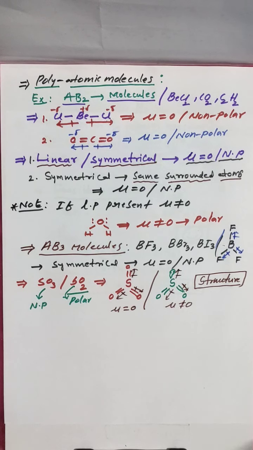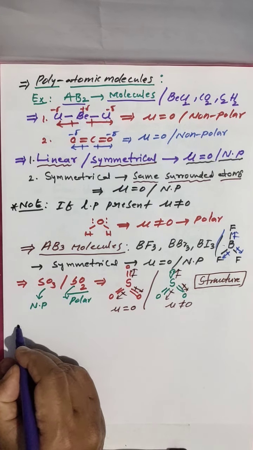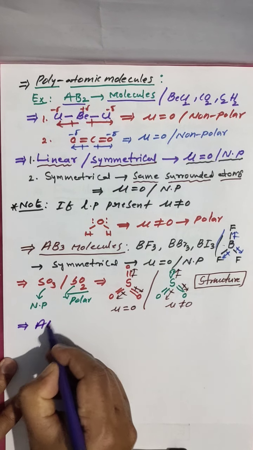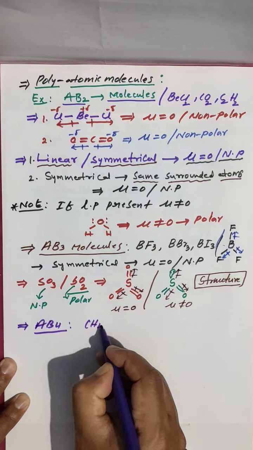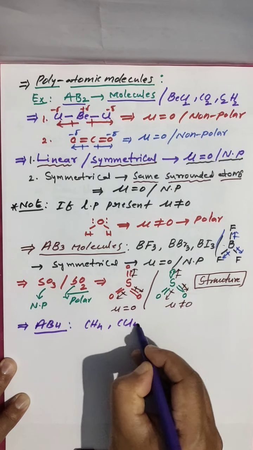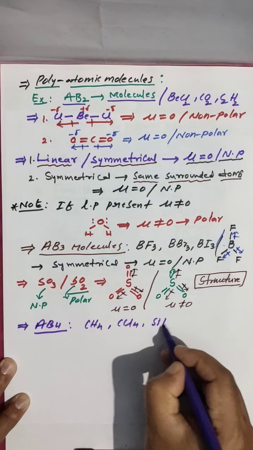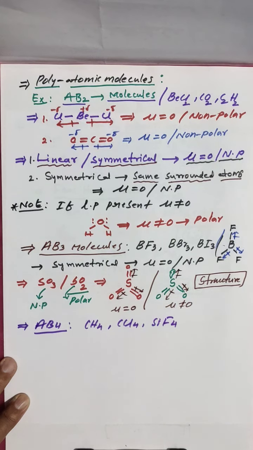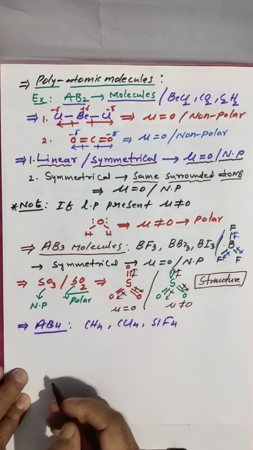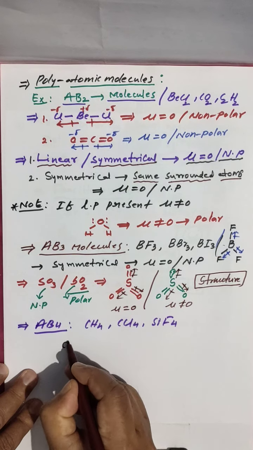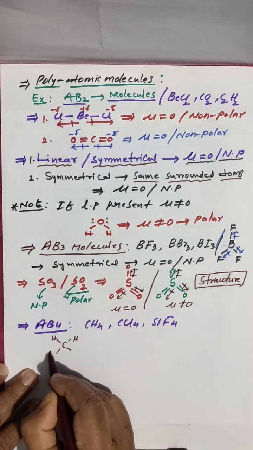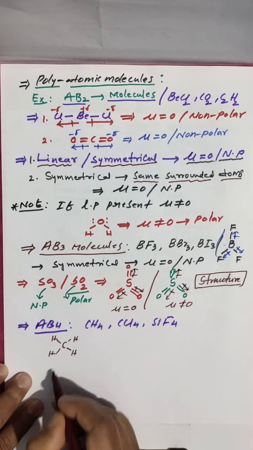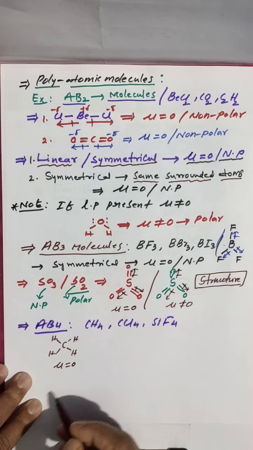Clear? This is about AB3. I will go for a different type: AB4 type. Go for CH4, CCl4 and SiF4. These molecules we have. You know, CH4 is tetrahedral, same atoms surrounded, so net dipole moment 0.